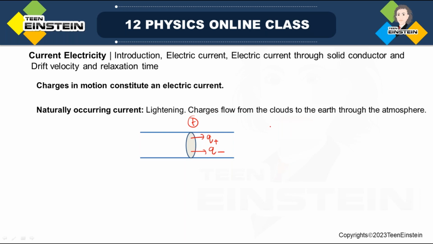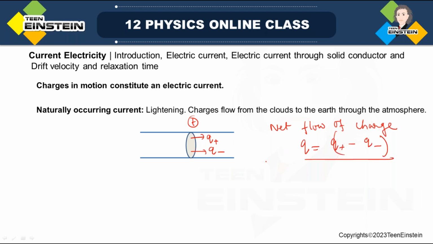how much is the net flow? Net flow of charge we need to know. So what is the net flow of charge? Let us say that is Q, and that could be written as Q plus minus Q minus.